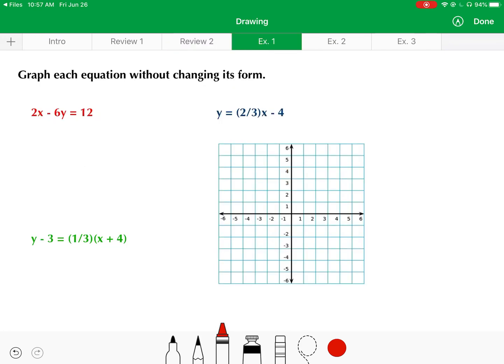Here we are given 3 linear equations, one in each form, and we need to graph the equation without changing its form, okay? Let's start with the equation in red there. That is in standard or general form. Anytime my equation is in that form, I'm going to graph it by finding the x and the y intercepts.